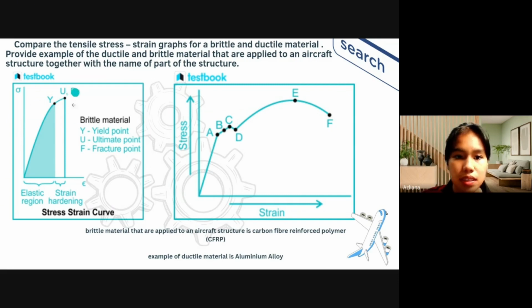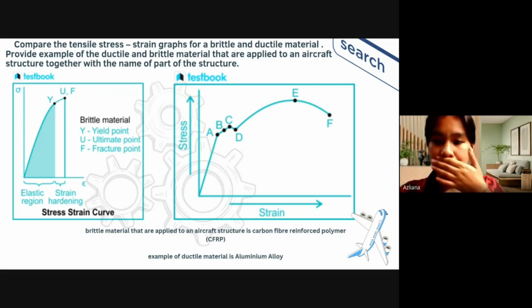In comparison to ductile materials, which go through a remarkable plastic deformation, brittle substances come across the fracture point, the F point, extremely early in the stress strain curve. This juncture marks the stress at which the material fractures.